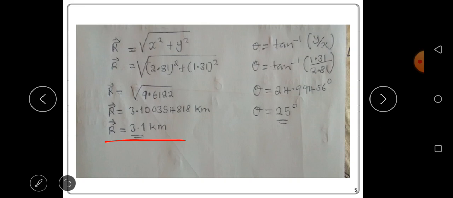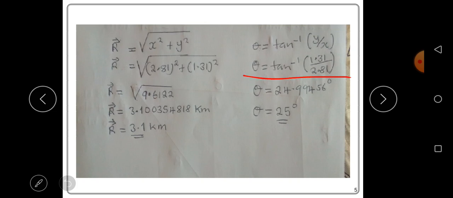Hence we can say that the components we found, the x component and the y component, are correct. We can also prove it by finding the direction. This is the formula: theta is equal to tan inverse of y over x.